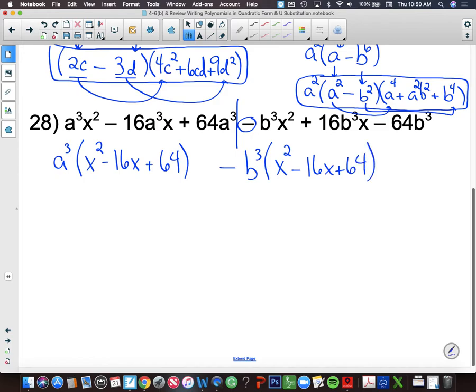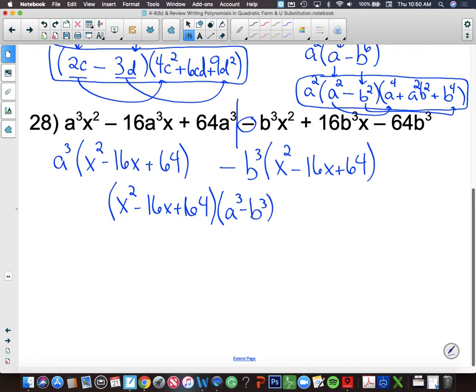And now, do we got the same thing in our parentheses? Sure do. So now that goes in front, that x squared minus 16x plus 64. And then we got a cubed minus b cubed in a second set of parentheses.